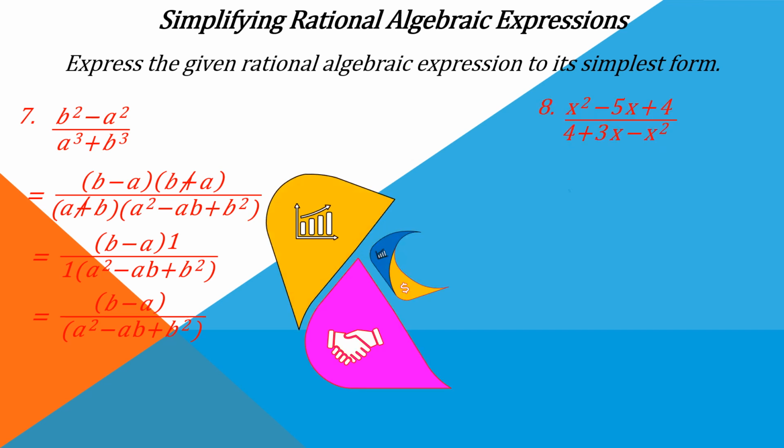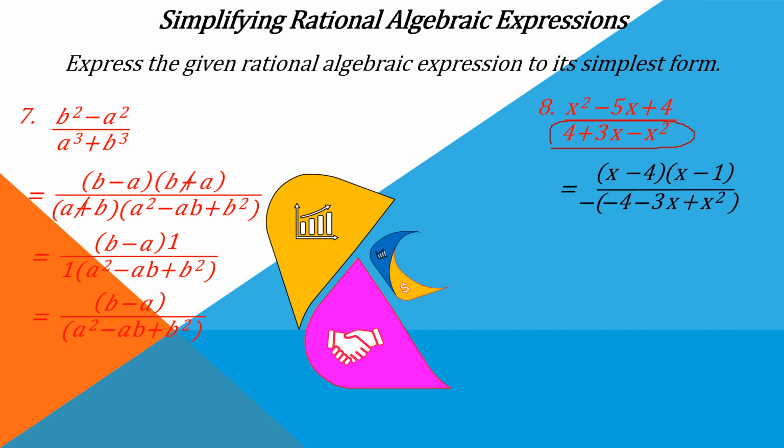So, factor the numerator, which is x squared is equal to x multiplied by x. Factors of 4 are 4 multiplied by 1, and adopt a negative sign, divided by, in order to rearrange the denominator so that x squared becomes positive, we will put a negative sign outside of the bracket and change the sign of all the terms.